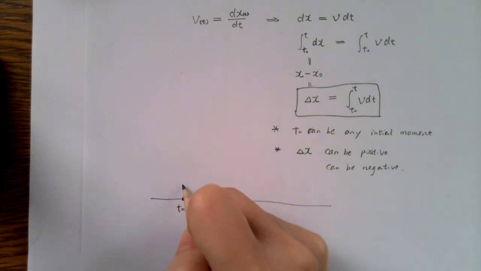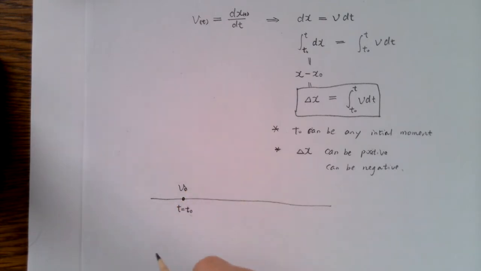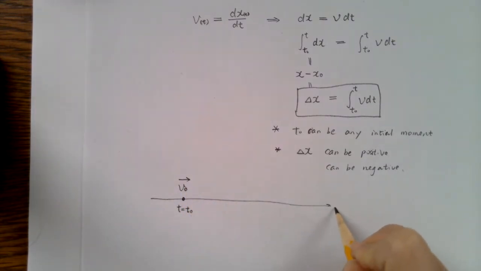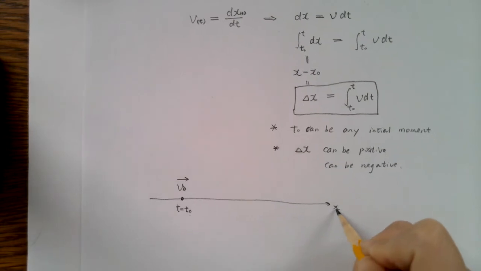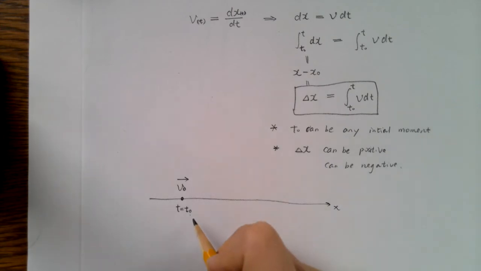And what I know, let's suppose this object has a positive velocity. So that means it is pointing to the right if this is x positive direction. And then we want to know when it gets to t equals t, the final moment, what the distance is.